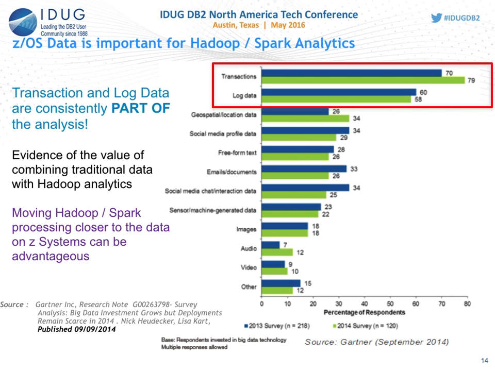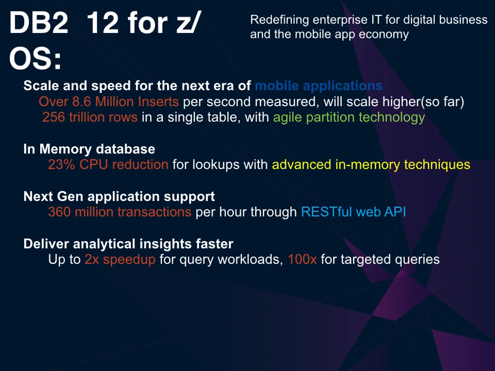I want to give you a quick slide. I guess many of you attended the Monday keynote, and then maybe some of you attended Justin's talk. So I stole his slide here, because I'm from DB2, to show you that in DB2 we also provide some analytic tooling to support running Spark on Z. One thing I want to mention is not just 8.6 million inserts per second, although with no index on the table, but we are allowing 360 million transactions per hour through a RESTful Web API.